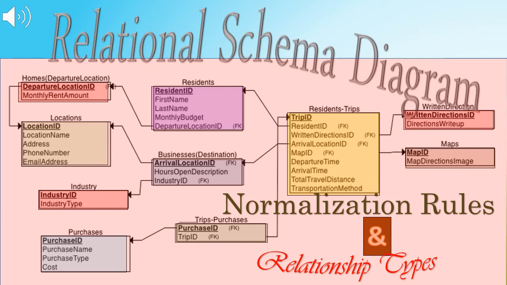And then the resident trips table. There is only one resident trips table in the database, and lookup tables have been created so that there are no repeating field names. Therefore, it satisfies first normal form, and the auto number trip ID primary key depends on everything listed in the table.